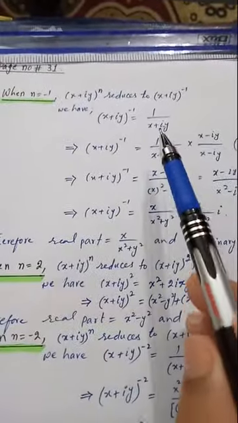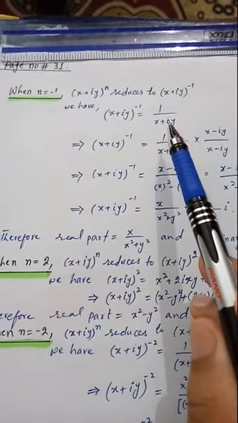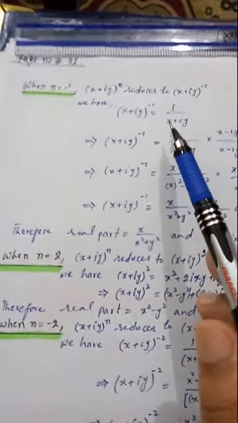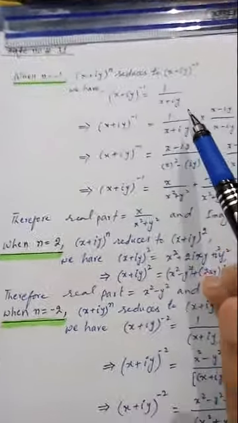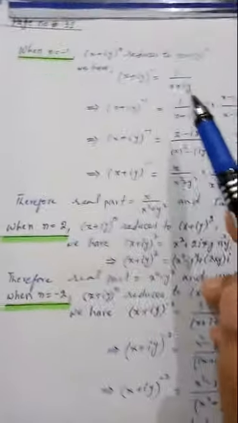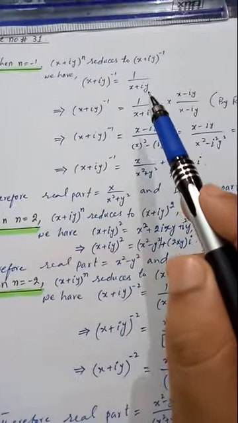You must take the reciprocal. So x plus iota y power minus 1 is equal to 1 divided by x plus iota y. Now in this case you cannot say that x is my real part and y is my imaginary part.